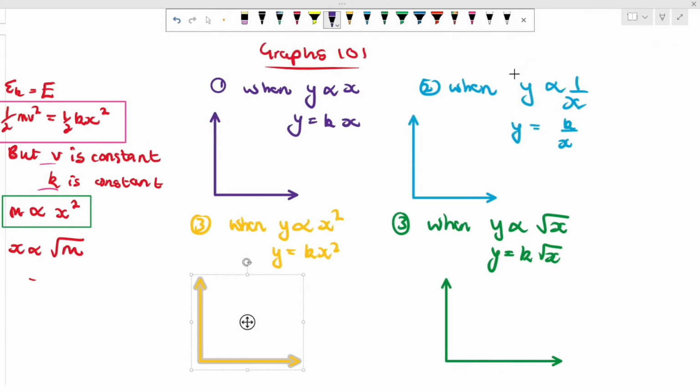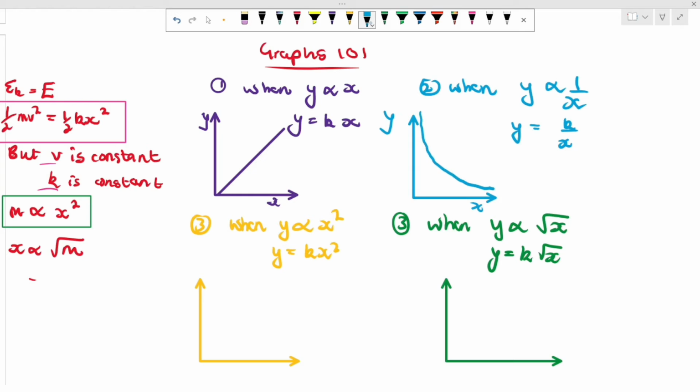Y is equal to x is just a straight line which passes through the origin. So if you ever make a relationship and you discover that y and x are directly proportional, just draw a straight line, right? And if you find that y and x are inversely proportional, what are you going to do? You're going to draw this line like so. This is the graph that shows inverse proportionality.